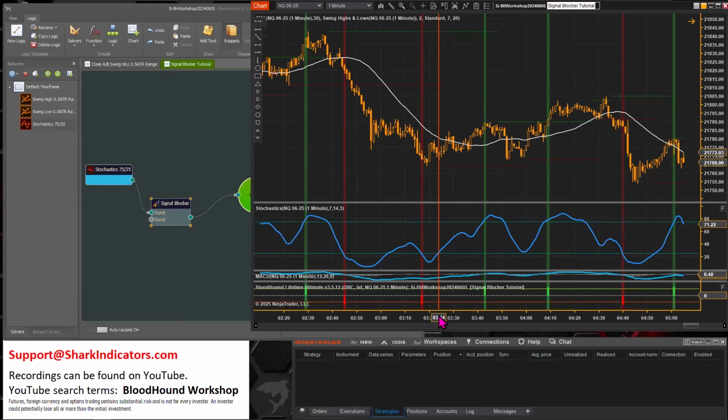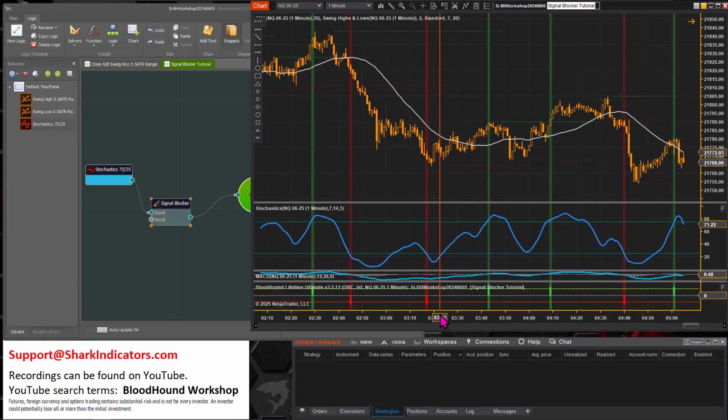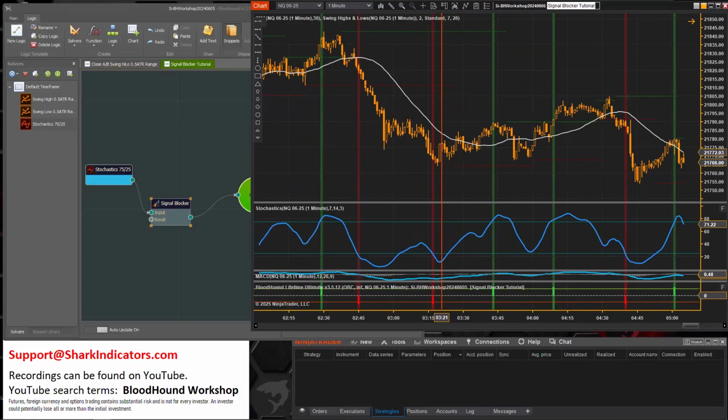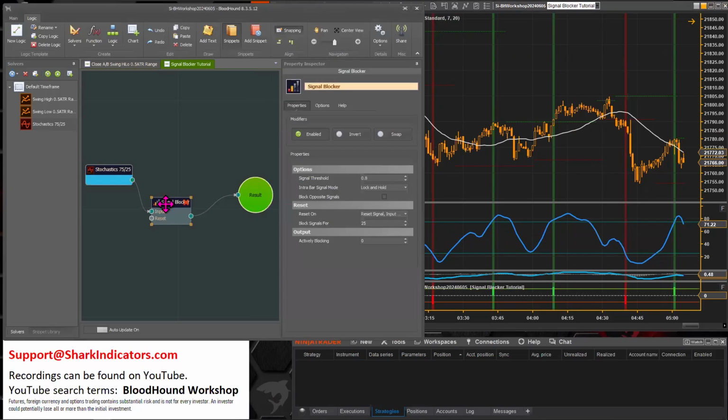Right, so that's basically what the signal blocker is for, to clean things up. Sometimes, though it's pretty rare, you might need to use this internally. If you have a much bigger system here, say with 50 nodes, sometimes you might need to clean up some of the signals internally within a much larger complex system.